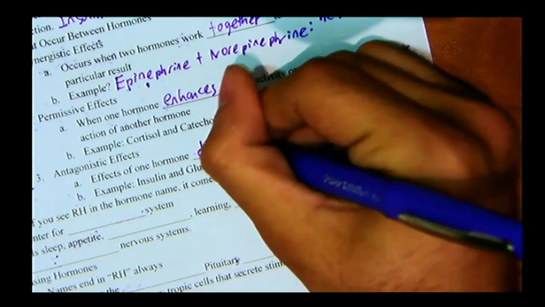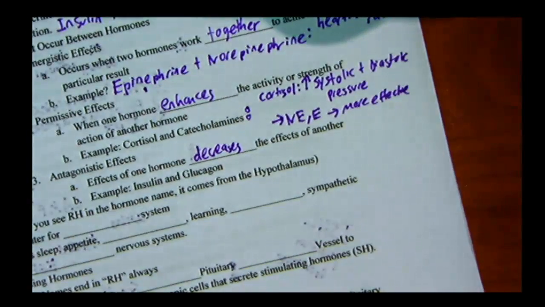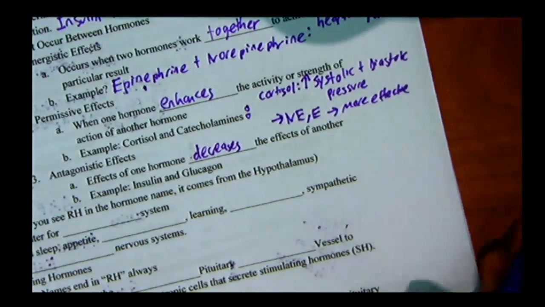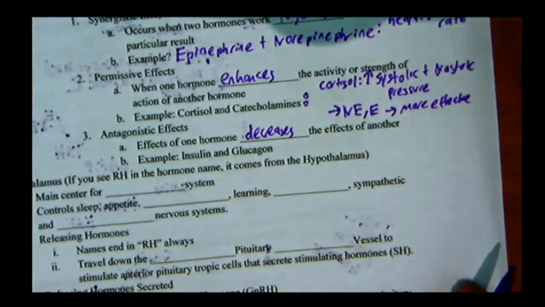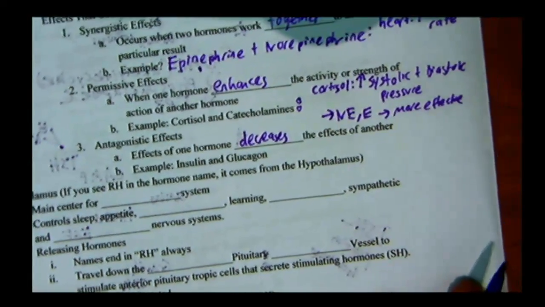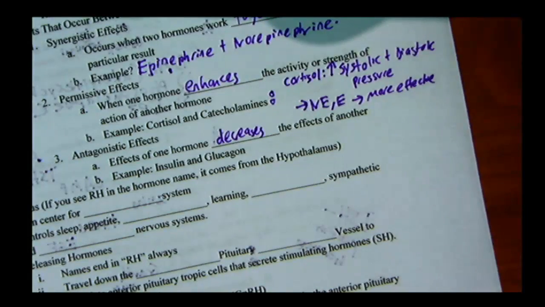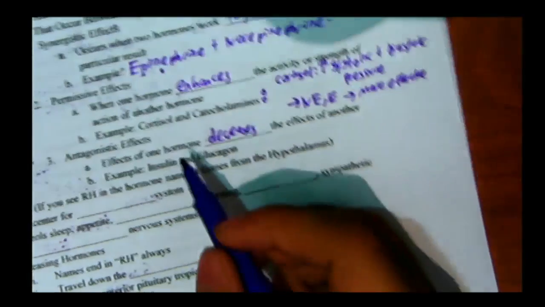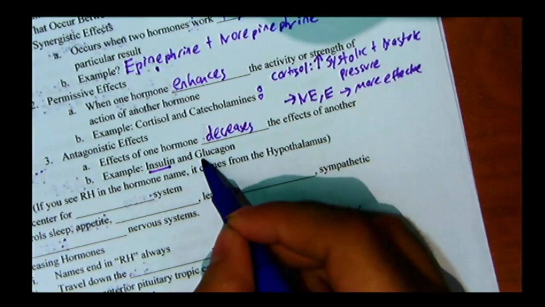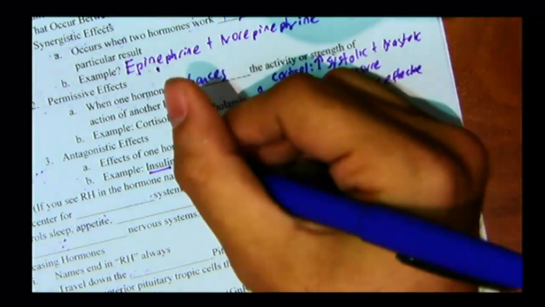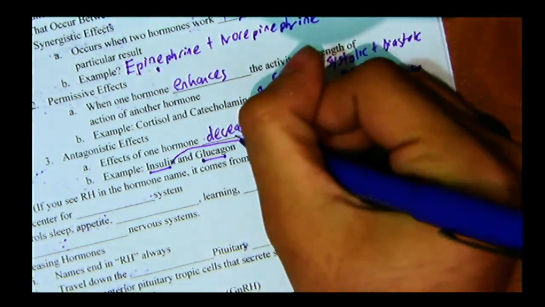Insulin is active when what? Glucose is high, right? Well, glucagon is active when glucose is what? Awesome.